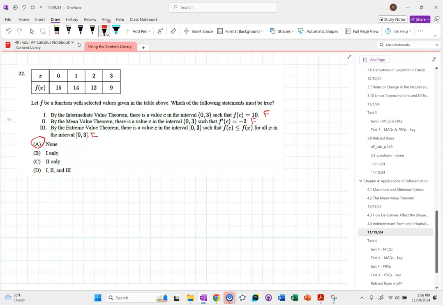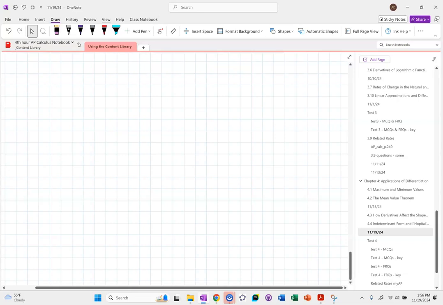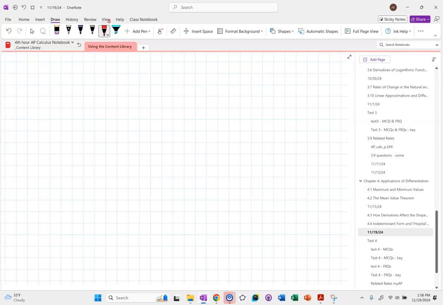Yeah, Michael. This isn't like a question from the MCQs, but can we go over what inflection points are again? Sure. So an inflection point is a place where the graph changes concavity, from concave up to concave down. If I have a function that does this, that's going to be our inflection point.